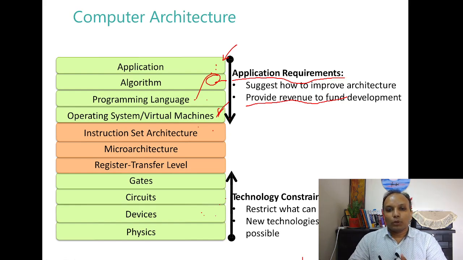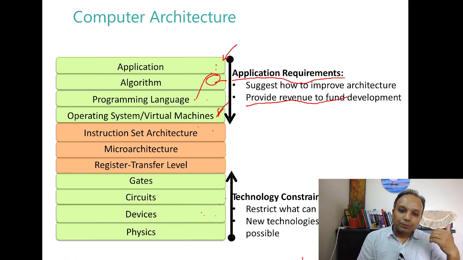Technology will also put constraints in terms of how fast you can switch a transistor, what is the maximum on current that you can support, and what will be the off current.